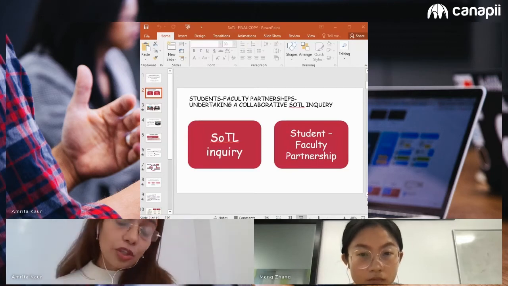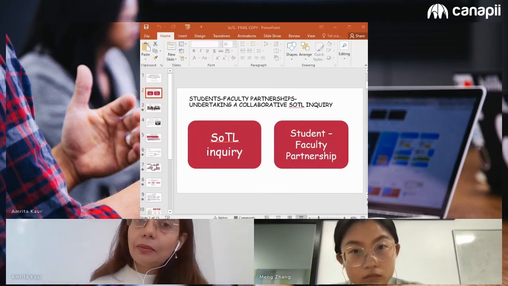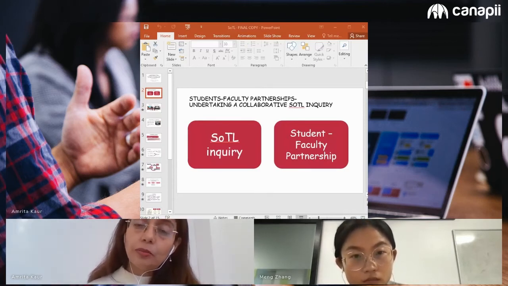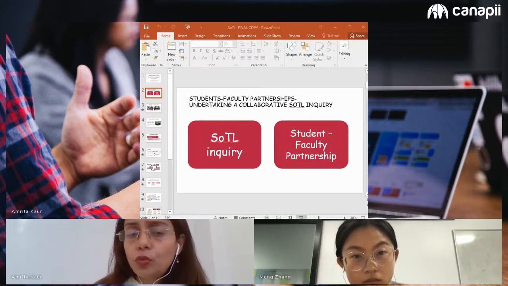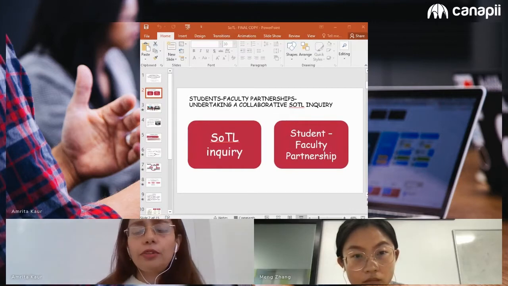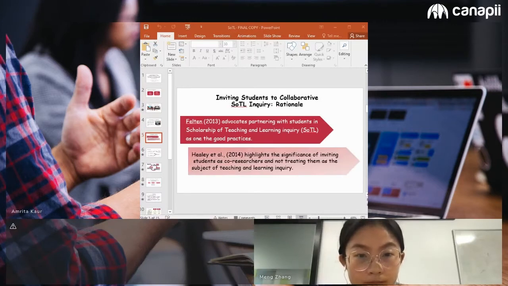And this is where the SoTL journey began. I would like to emphasize that this preceded the SoTL methodology, which is about student partnership. Five students volunteered, and they came from different levels, from freshman to sophomore, to join the SoTL inquiry.